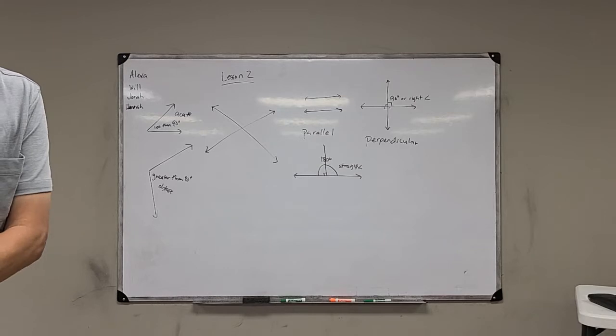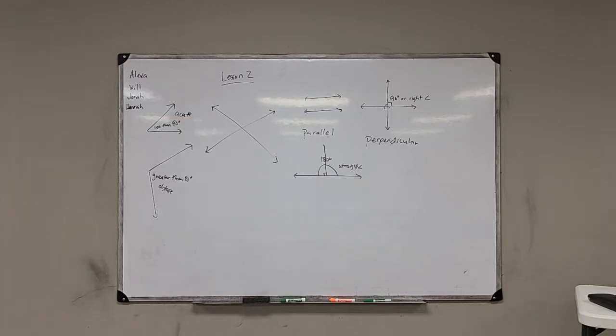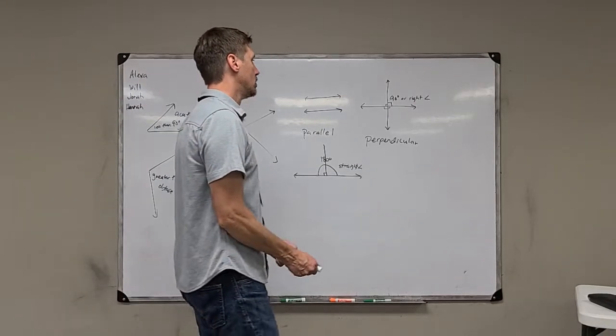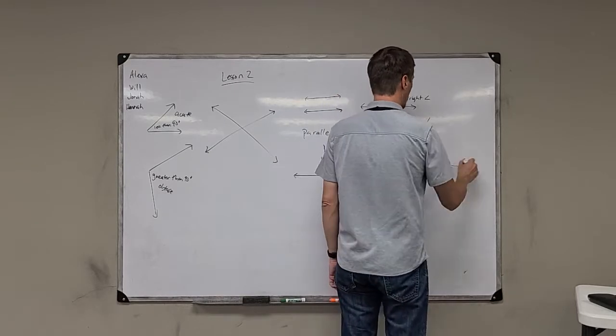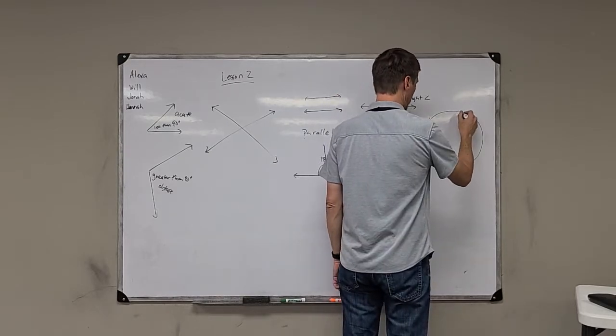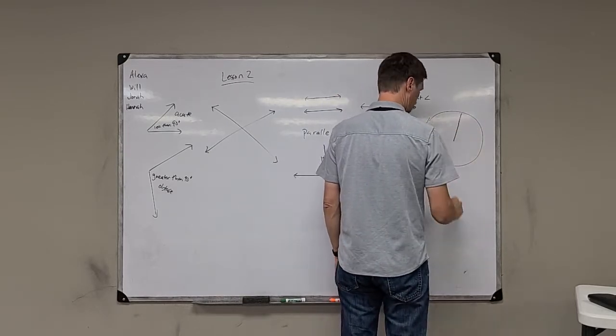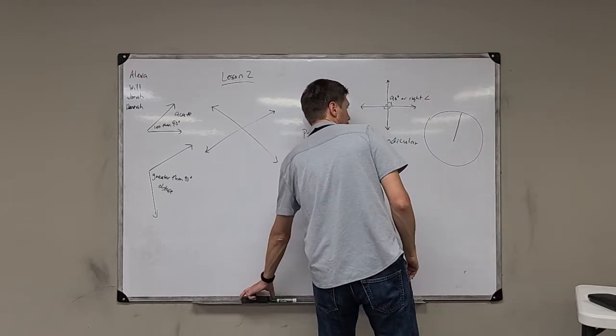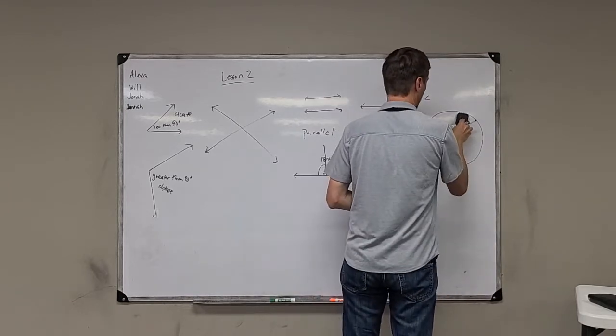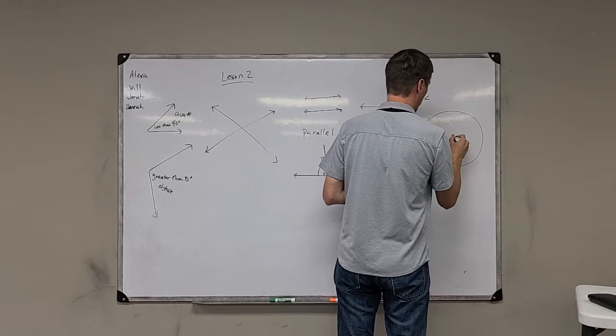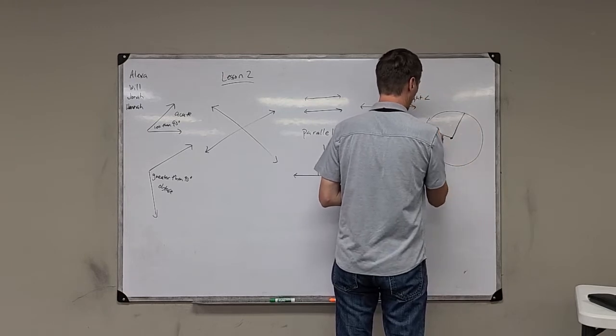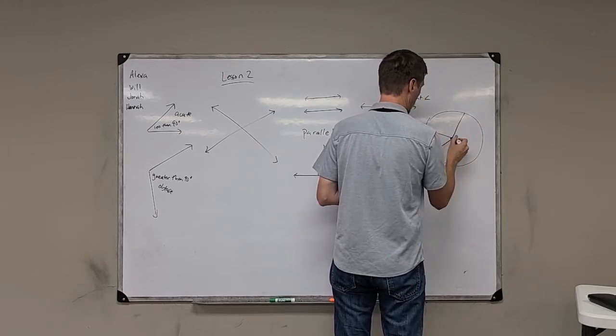What is the total of all the angles in a circle? So if I have a circle, and we're going to draw down to a center point here, and just draw various angles in there.